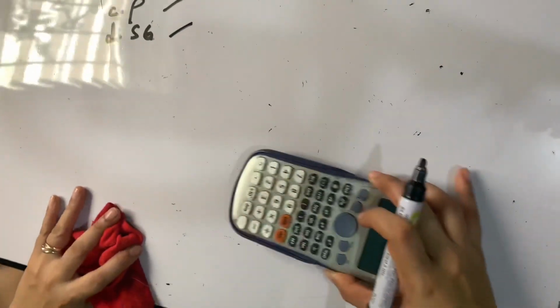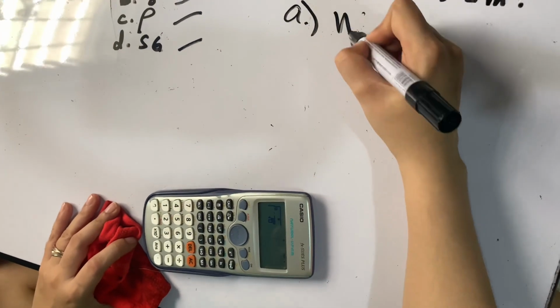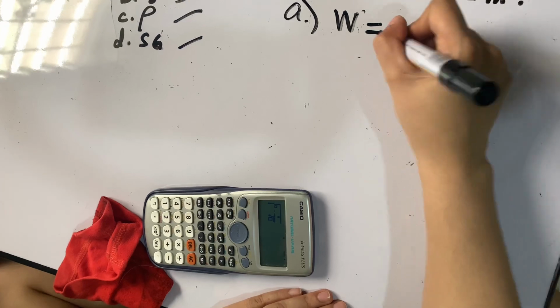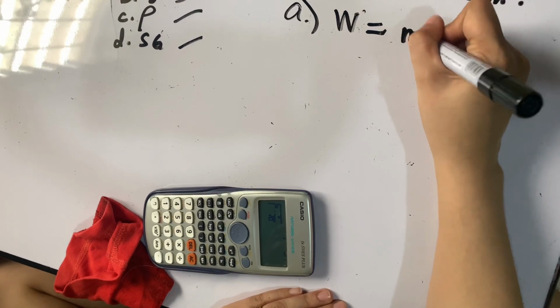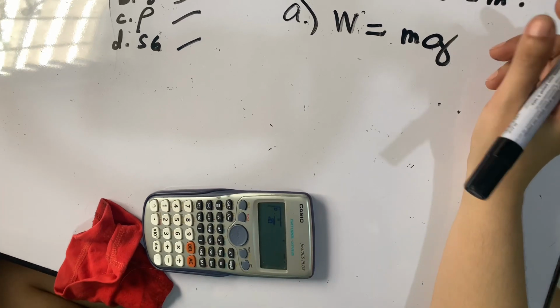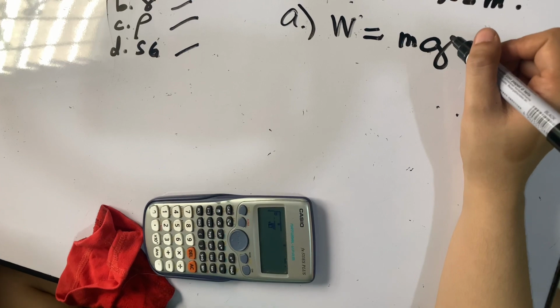First, we have to find the weight. The formula for weight is mass times the gravitational acceleration.